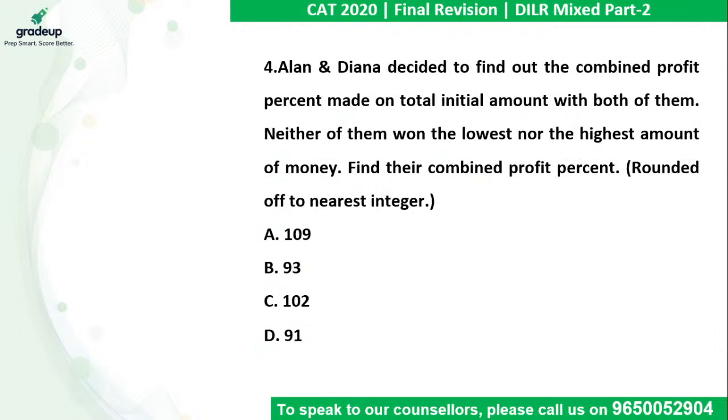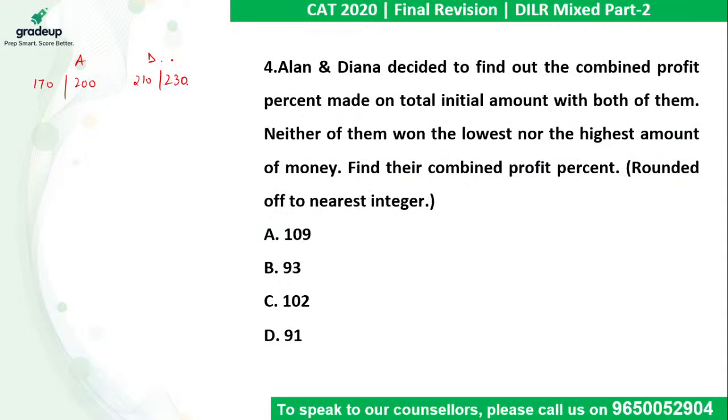Okay, now in question number 4, he says, Ellen and Diana decided to find out the combined profit percent made on total initial amount with both of them. So now it is for A and D. So we know initially the amount with A was 170 or 200, and the amount with D was 210 or 230.